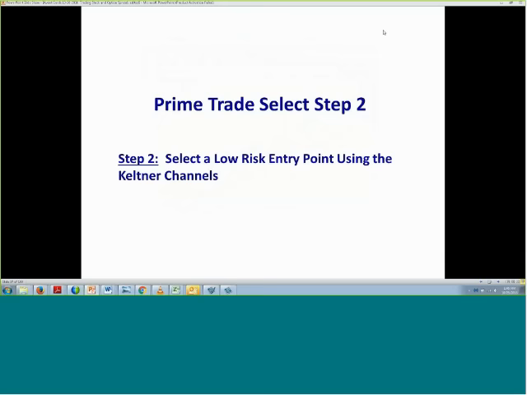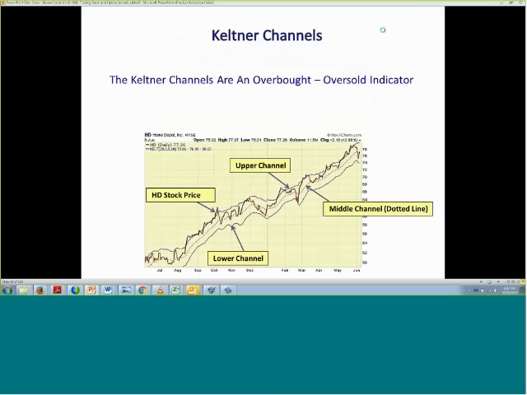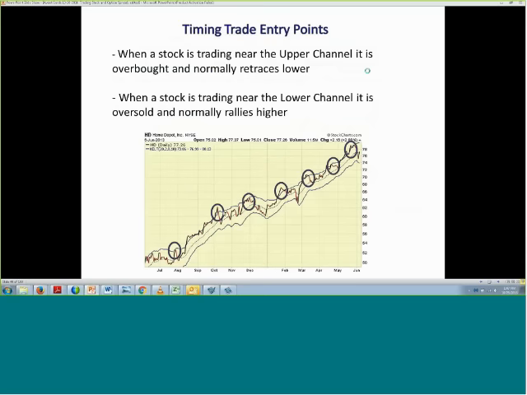Okay, and the second step in selecting a stock directional trade is to select a low-risk entry point using the Keltner channels. The Keltner channels act as an overbought, oversold indicator. When a stock is trading near the upper channel, it's becoming overbought, and it will normally retrace to the middle or lower channel.